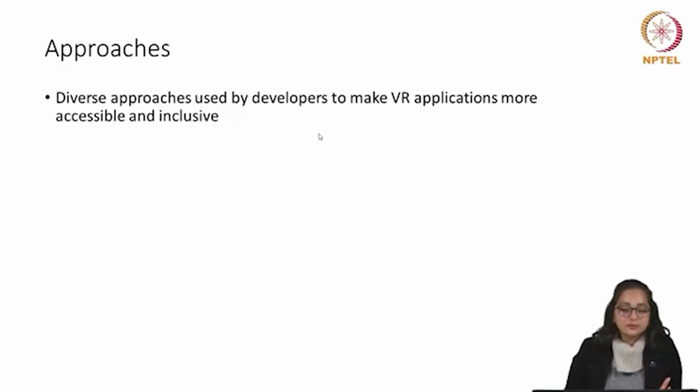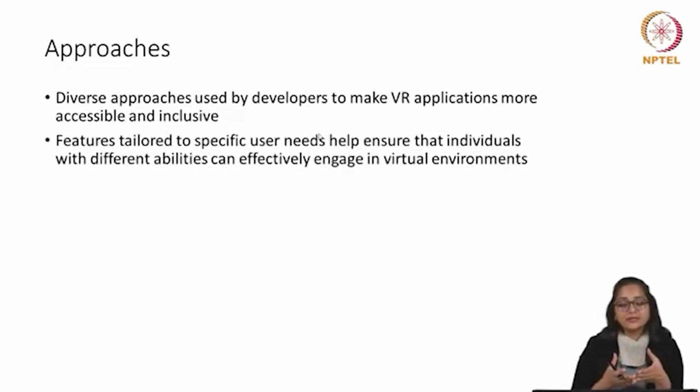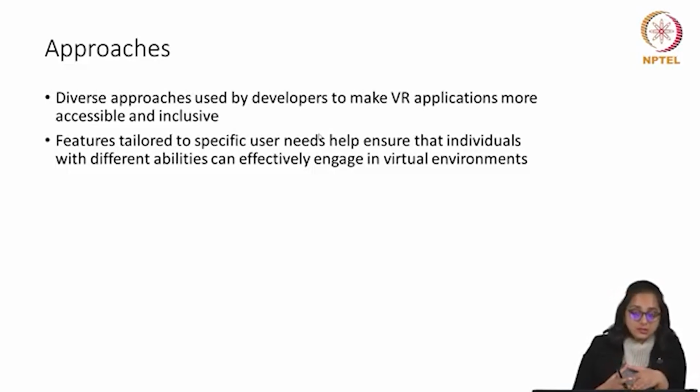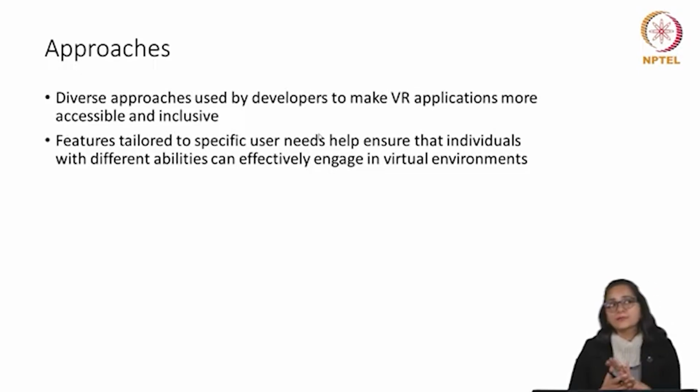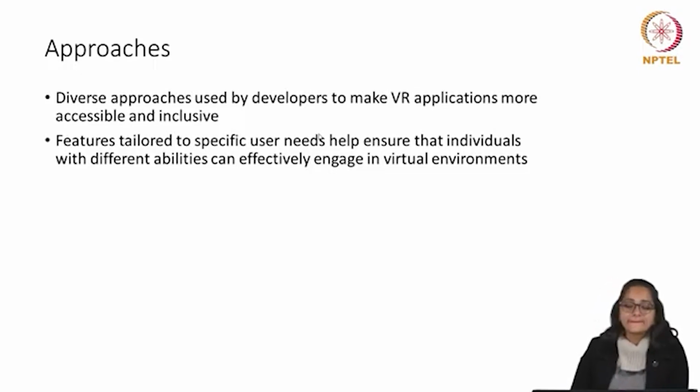So, diverse approaches are being used. One is trying to tailor features to specific user needs to ensure that individuals with different abilities can effectively engage. This is, of course, in line with most of the companies or most of the products.